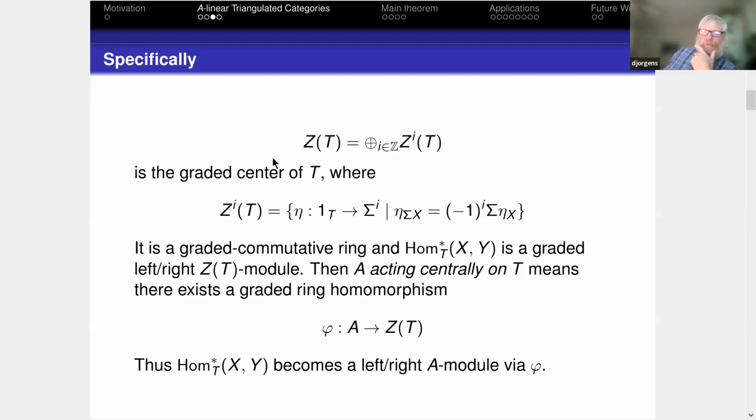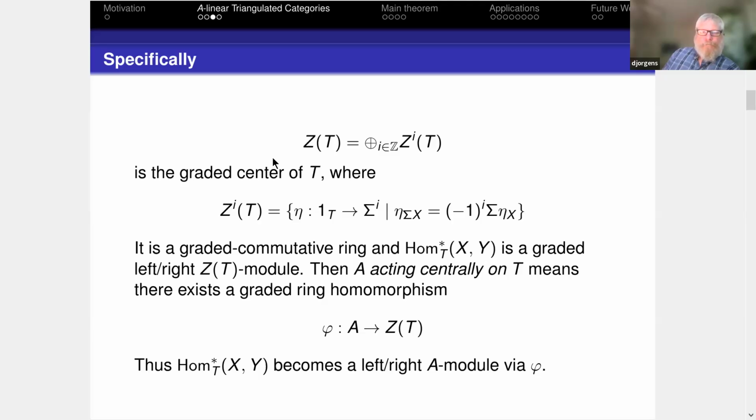It's just all the natural transformations from the identity functor to the i-th shift functor that commute, such that the shift and the natural transformation commute up to sign. So that's what each degree i piece of the center is. And so take the direct sum of all those, that's the graded center of your triangulated category.